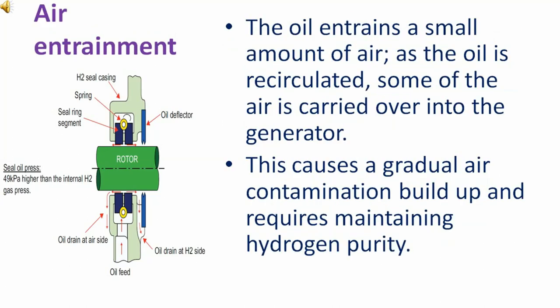The oil entrains a small amount of air as the oil is recirculated. Some of the air is carried over into the generator. This causes a gradual air contamination buildup and requires maintaining hydrogen purity.